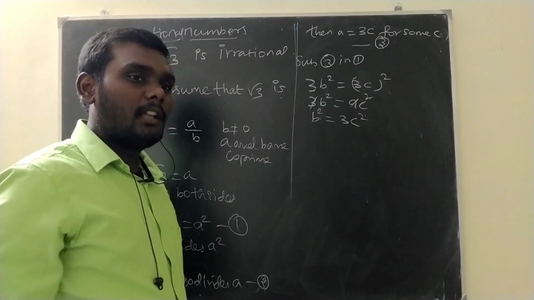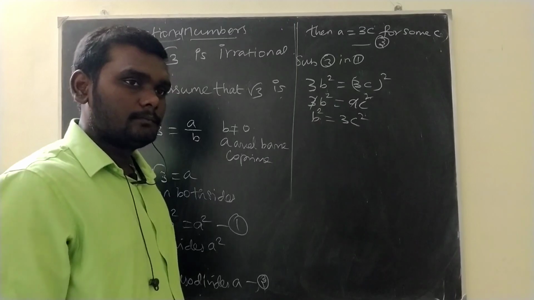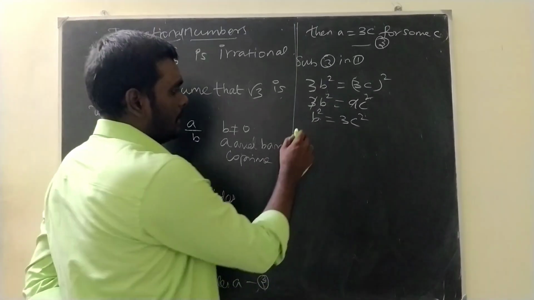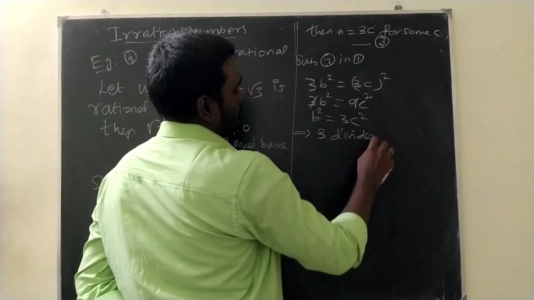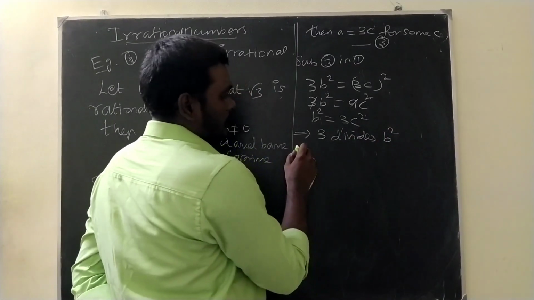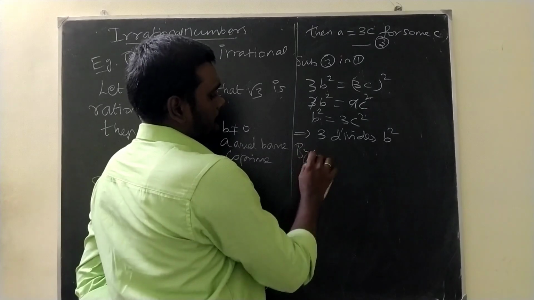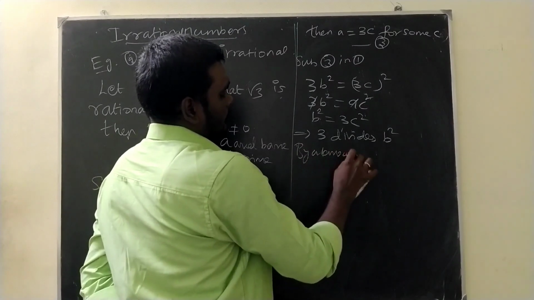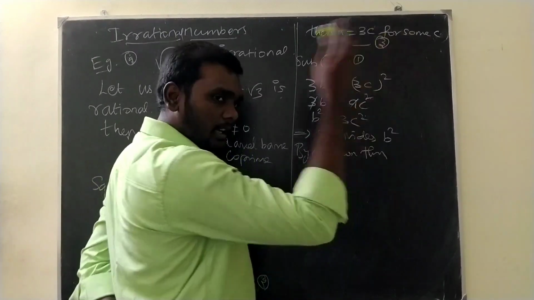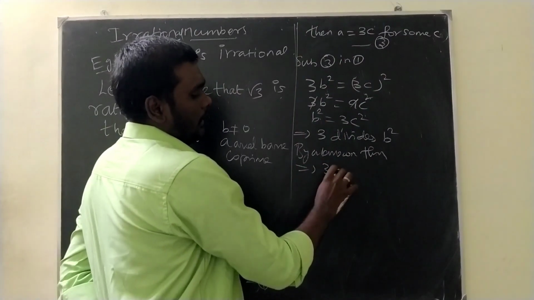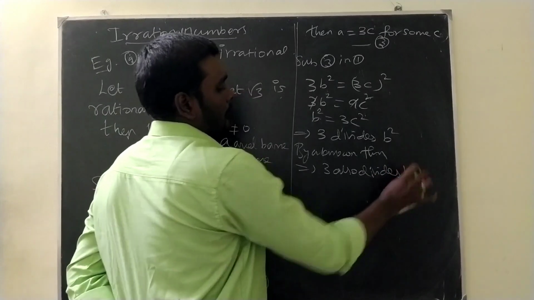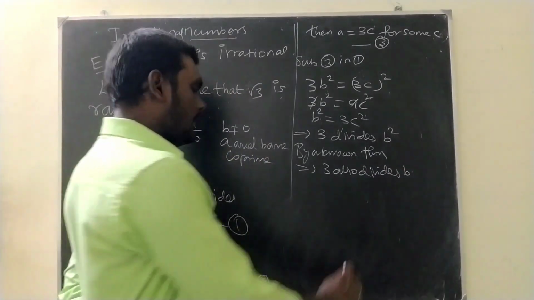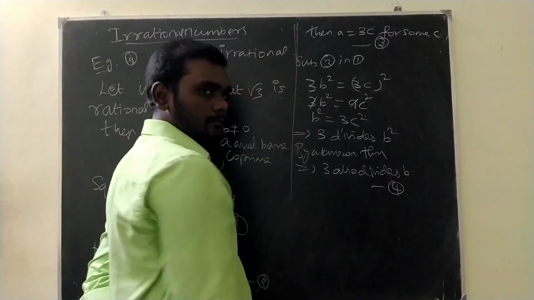Now who is a multiple of 3? B or C? B square is a multiple of 3. Then we can say 3 divides b square. Then by a known theorem, that we have to write, and 3 also divides b. This we can mark as 4.